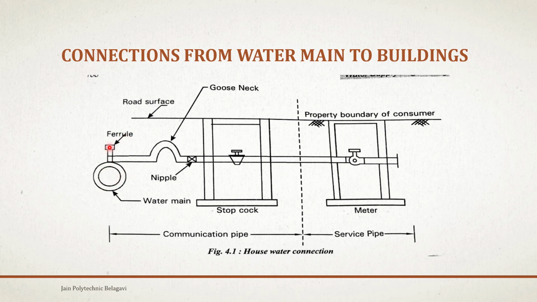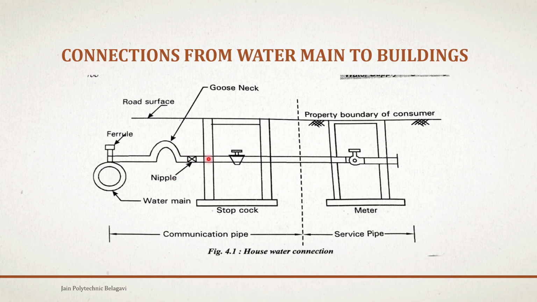It is a T junction and from the T junction you will be having a connection for the communication pipe. Next you have a gooseneck which helps in reduction in pressure, and it is continued to a nipple connection.